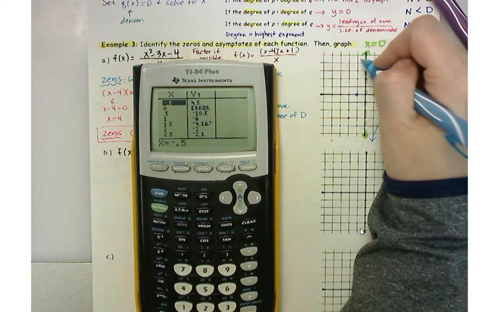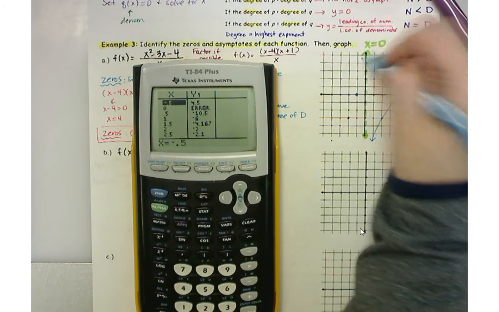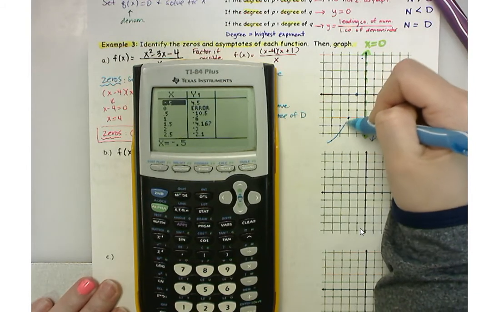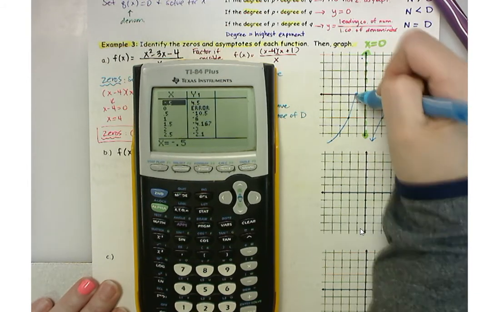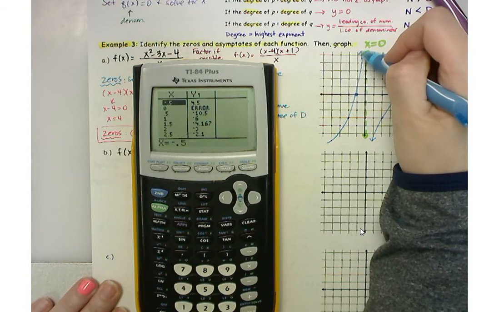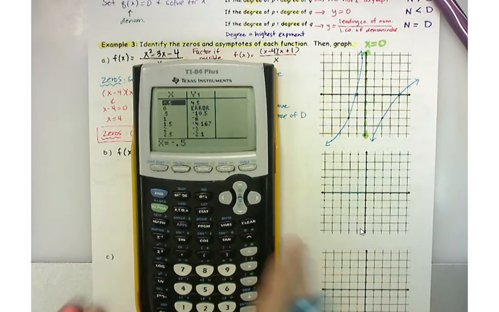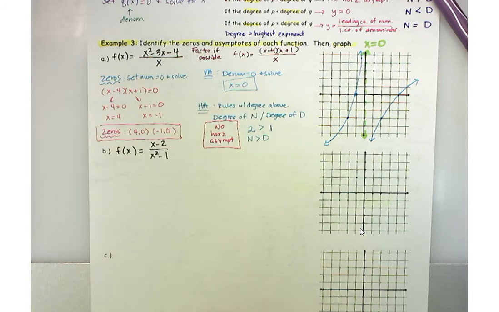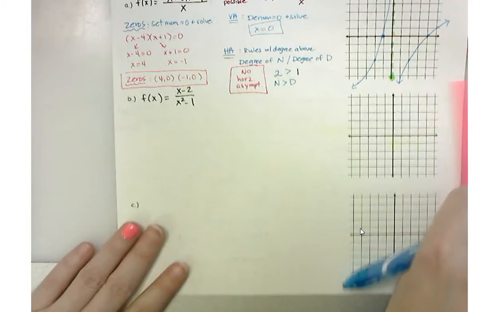Your f of x equals x minus 2 over x squared plus 1. And then for C, your f of x equals 4x minus 12 over x minus 1. So at the very least, I want you to do your zeros, your vertical asymptote, your horizontal asymptote. And then we're also going to look at some of those graphs together.